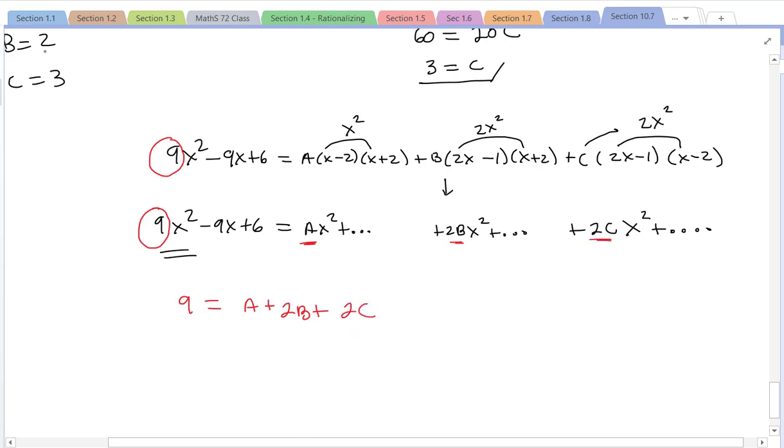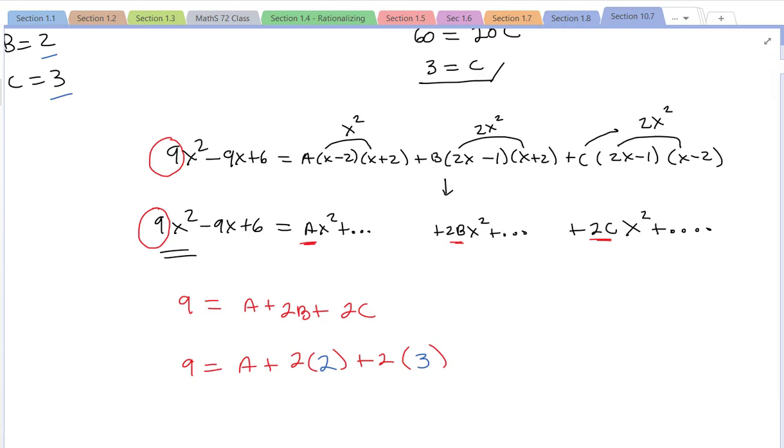So I already know b is 2 and c is 3. So 9 is equal to a plus 2b plus 2c, and with b as 2 and c as 3, we end up with 9 equals a plus 4 plus 6.